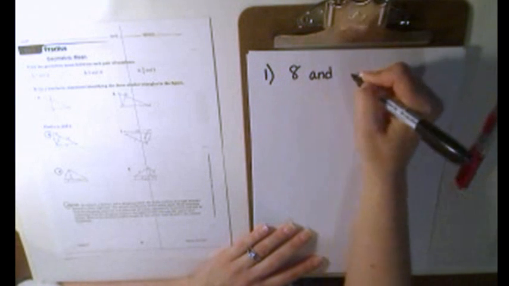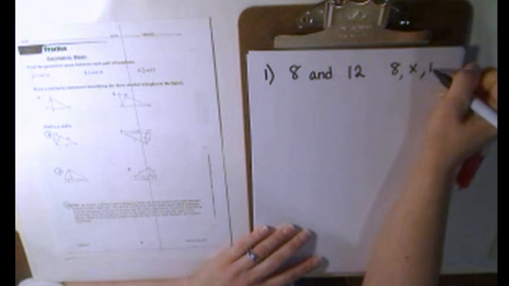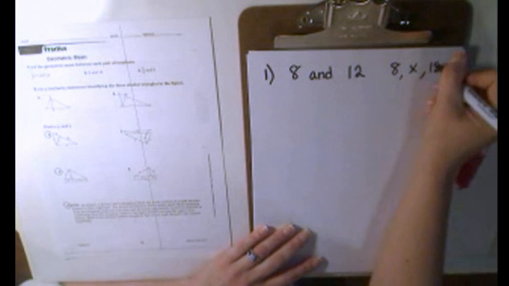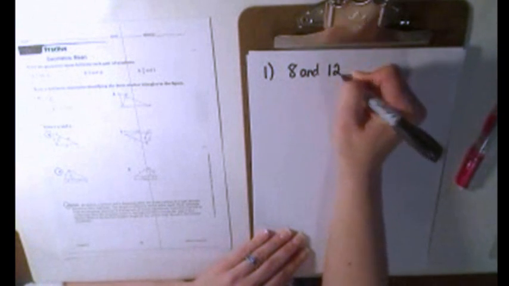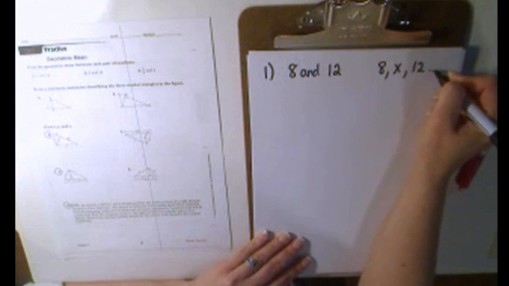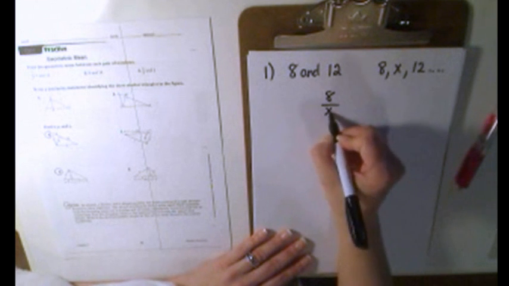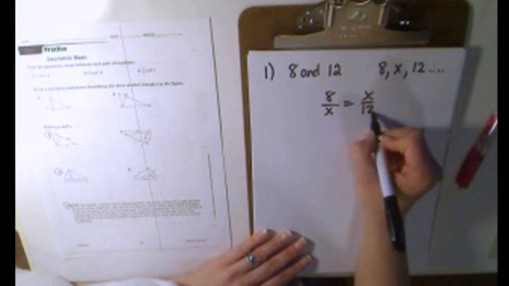Number 1 says, what's the geometric mean between 8 and 12? In other words, in your geometric sequence, there's a number missing.